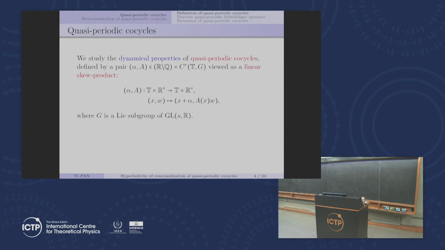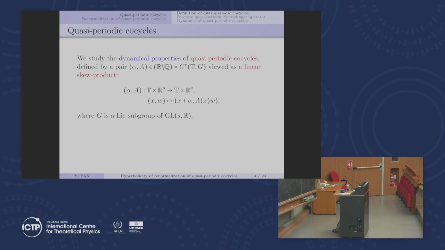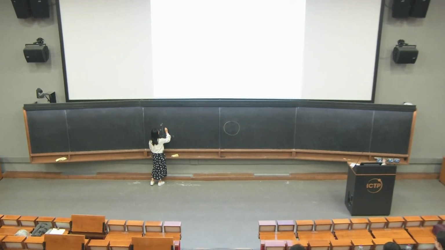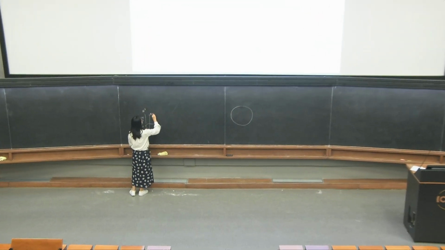So imagine we have the base to be the one-dimensional torus. When we are rotating on the base, we are jumping linearly on the fiber, which is a real vector space, from w to A(x)w.